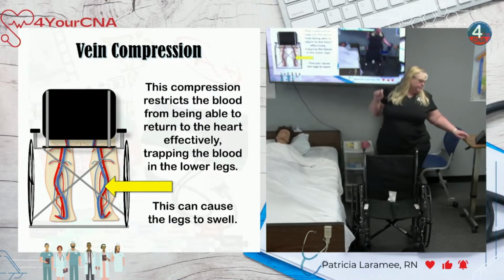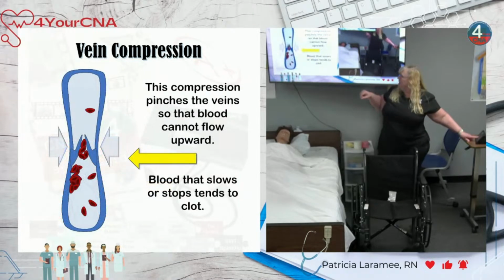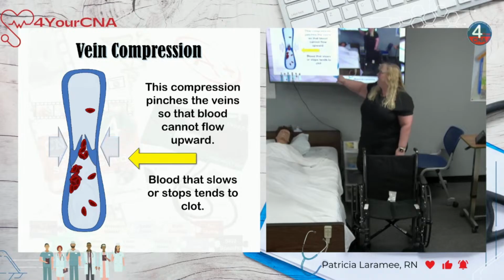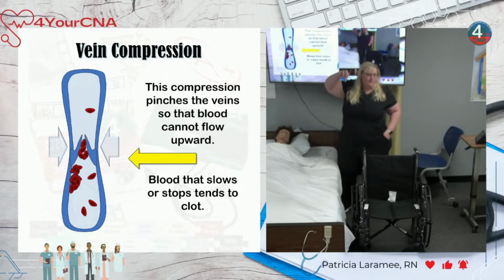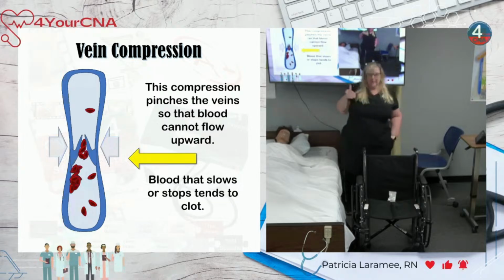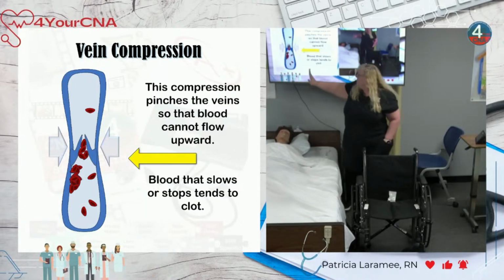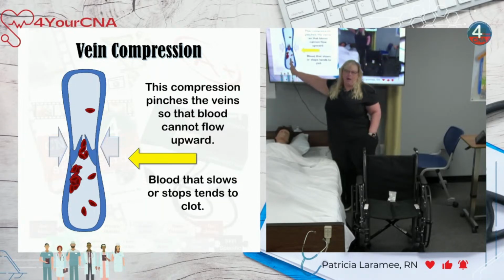Do you guys remember me saying last class that when blood slows down or stops, it clots? Do you guys remember that? This is what happens inside the veins. Inside your vein, you've got these little valves. And think of your veins as like ladders. When the heart beats, it's pushing blood up against gravity back to your heart.